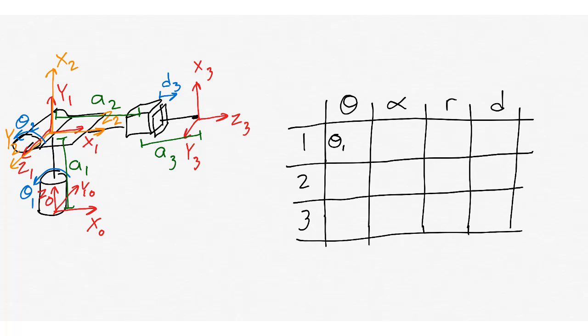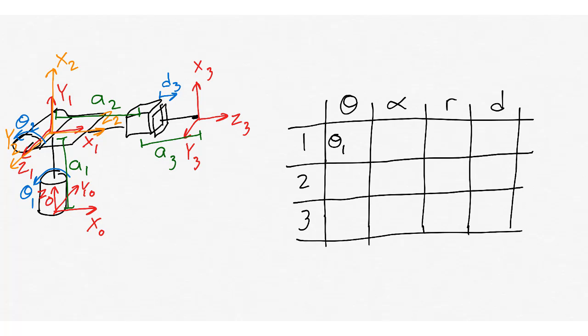So I do have a part here that is theta 1. Do I have a second part here? To find out, I have to compare the directions of the 2 x-axes. x0 is pointing to the right, and x1 is also pointing to the right. That means that I don't need any additional rotation for theta to get these 2 axes to match, and I'm done with theta for the first row.